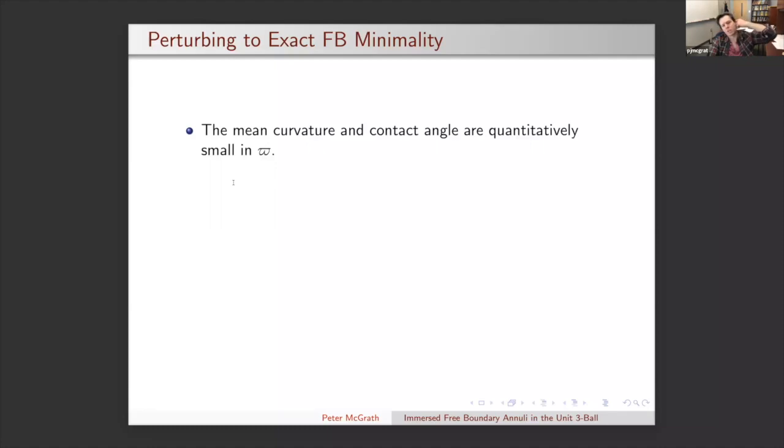So the expectation is that as var pi shrinks to zero, the geometric objects involved become better and better behaved, and the geometry improves in appropriate weighted Holder norms, so that you get very good estimates on the mean curvature and contact angle.